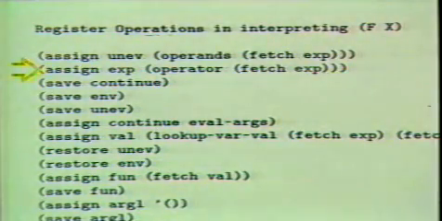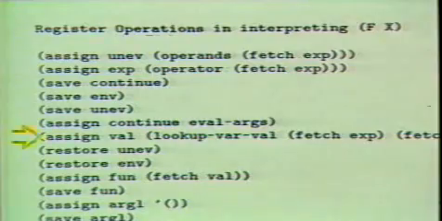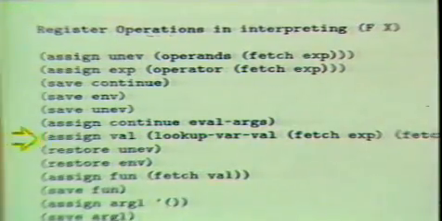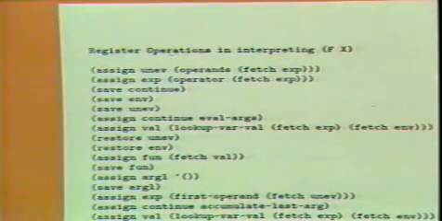There's no reason it should have the exp at all. What did exp get used for? Well, if we come down here, we're going to assign to val, look up the stuff in exp in the environment. So what we really should do is get rid of the exp register altogether and just change this instruction to say assign to val, look up the variable value of the symbol f in the environment.